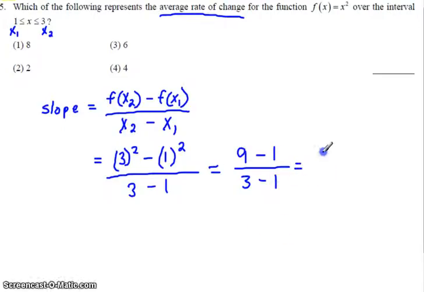And that is 8 over 2, which of course is equal to 4. So the average rate of change over this interval for x squared is going to be 4, which is answer 4. All right, let's move on to the next one, number 6.